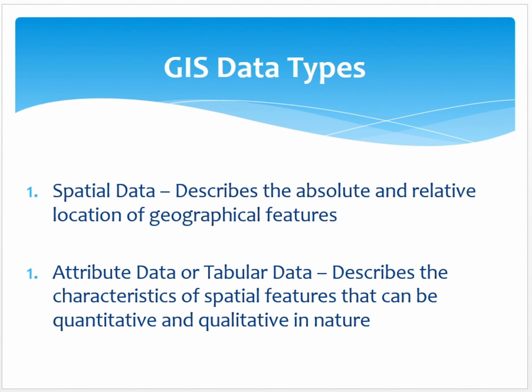Another data type in GIS is attribute data, which is also called tabular data. This describes the characteristics of that spatial feature that you found in that area, characteristics that you can measure, quantitatively and even qualitatively analyze.